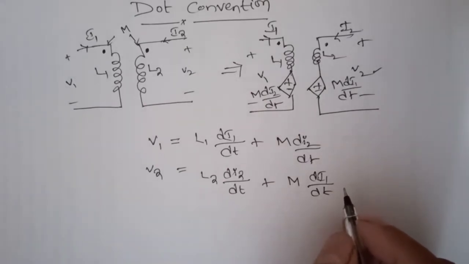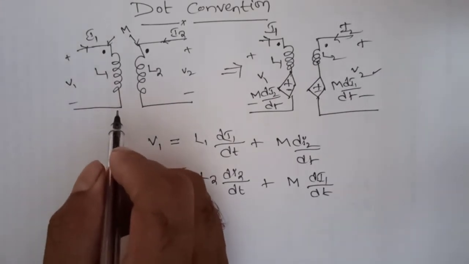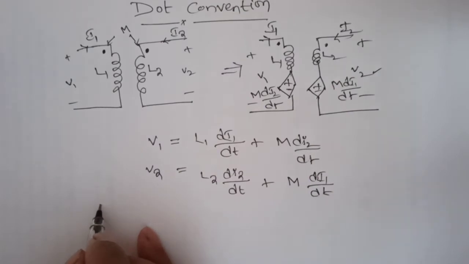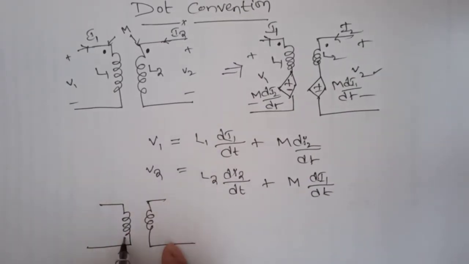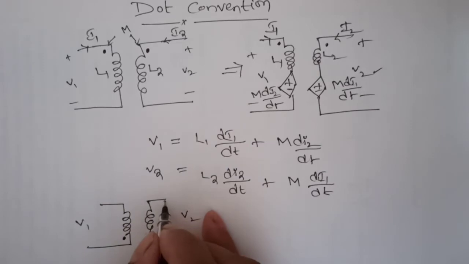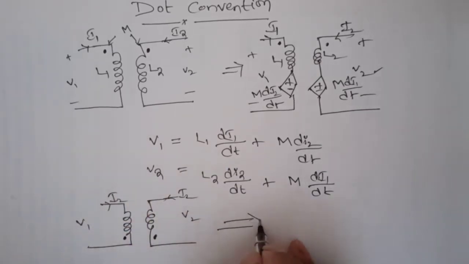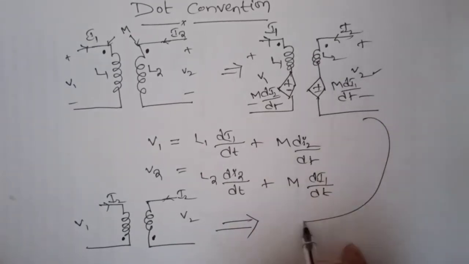If the two dots are mentioned at the bottom of the coils in this way, with the same voltage and current levels I1, I2, the equivalent diagram is the same as above.